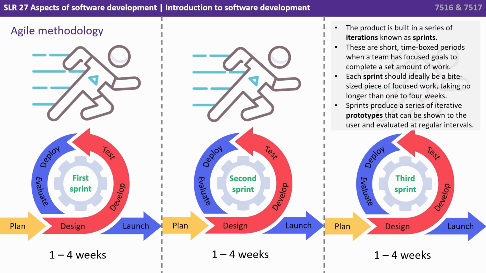These are short, time-boxed periods when a team has focused goals to complete a set amount of work. Each sprint should ideally be a bite-sized piece of focused work, taking no longer than 1 to 4 weeks. Sprints produce a series of iterative prototypes that can be shown to the user and re-evaluated at regular intervals.